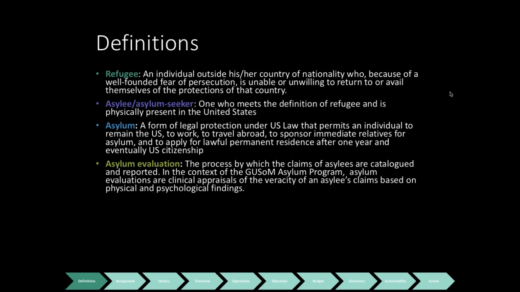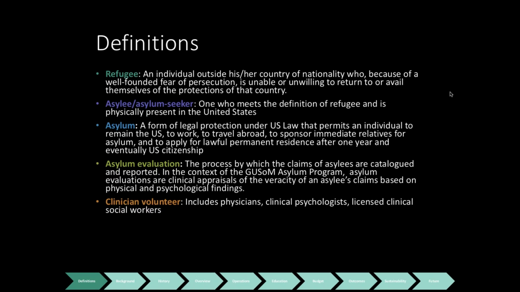In the context of our asylum program, in this presentation, we'll be using the term asylum evaluation to discuss the clinical appraisal of the veracity of asylees' claims based on physical and psychological findings. And finally, we'll be using the term clinician or clinician volunteer throughout the presentation.